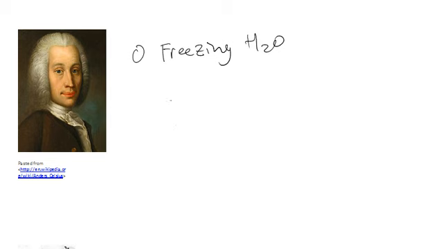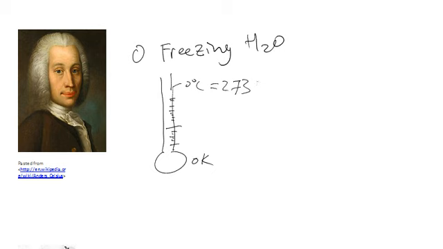And he built his scale around that, and he said, oh, and then we'll just have some negative numbers too. Whatever. So he had his zero somewhere up here. So this is 0 degrees Celsius or centigrade. And then there's some negative numbers, and then he didn't know, but down here there was a real zero, and that was 0 Kelvin. It turns out that 0 Celsius is actually equal to 273 Kelvin.